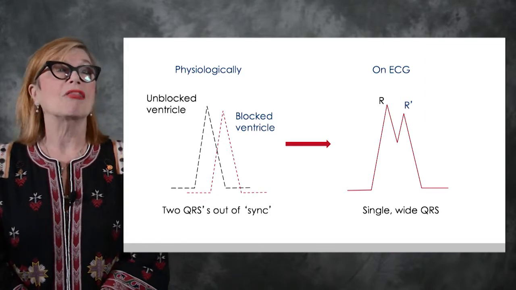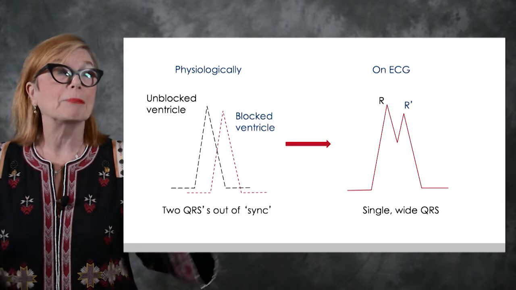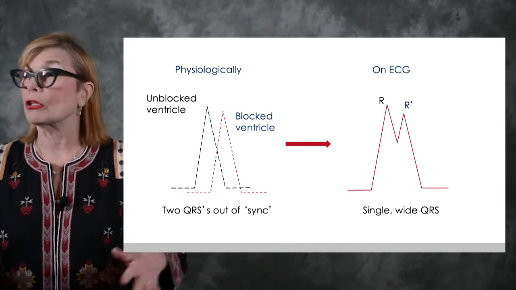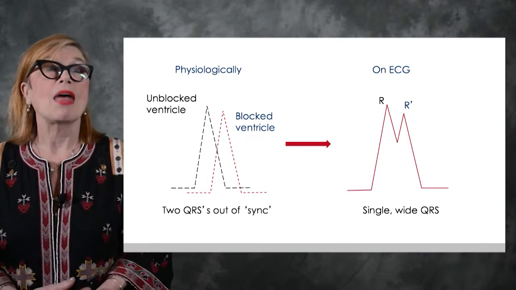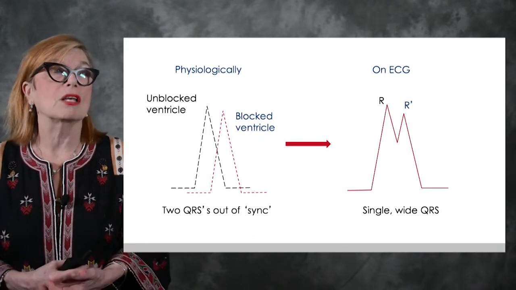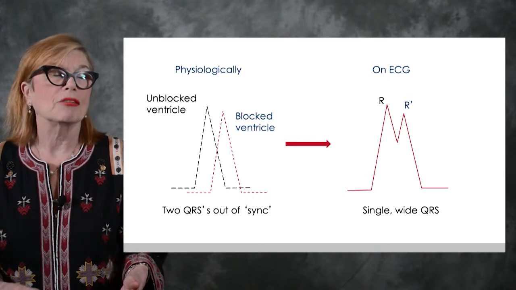So what we want to think about is if we have functional bundles that rapidly conduct depolarization into the right side of the heart and the left side of the heart, we're just going to see that both ventricles depolarize at the same time and we'll get one sturdy R wave.